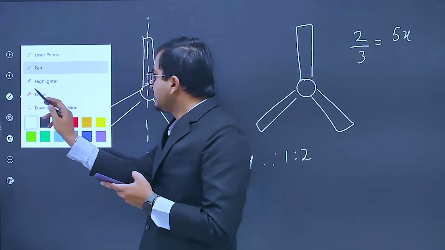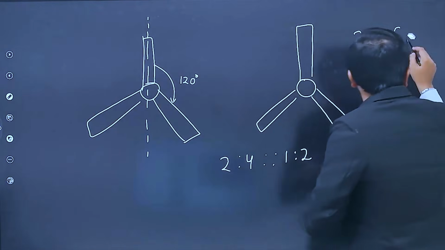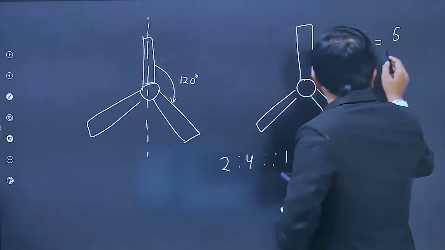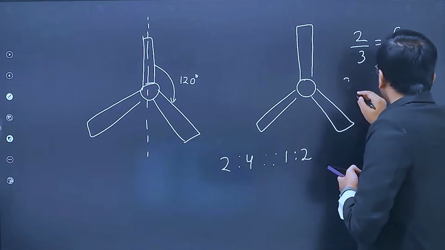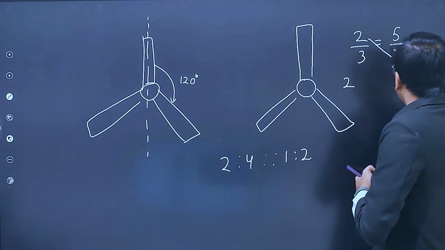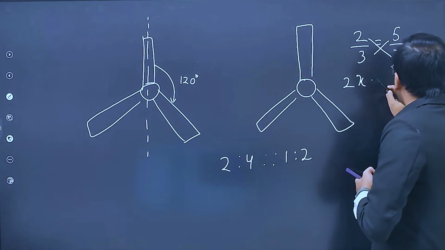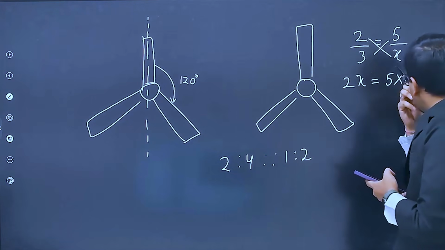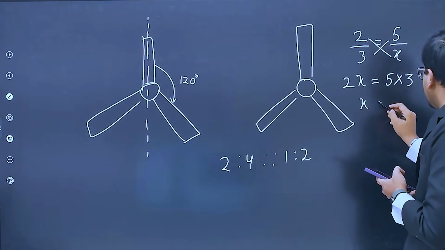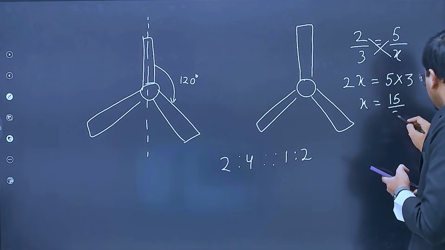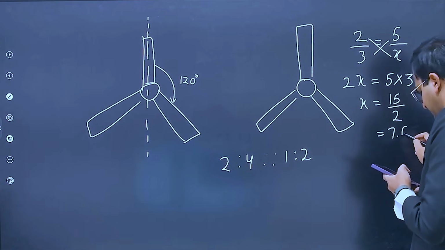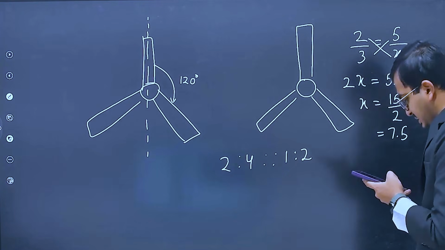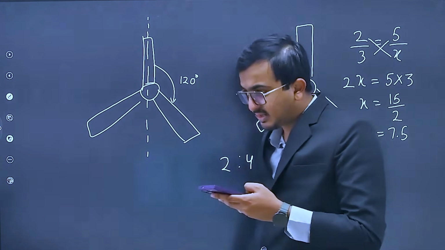Then you have to find the value of x. So cross multiply. 2x is equals to 5 into 3. So x is how much? 15 by 2, that would be 7.5. Okay, 7.5. Clear?